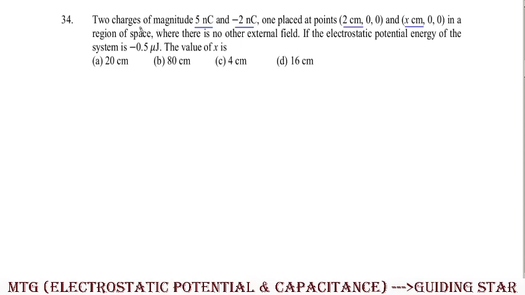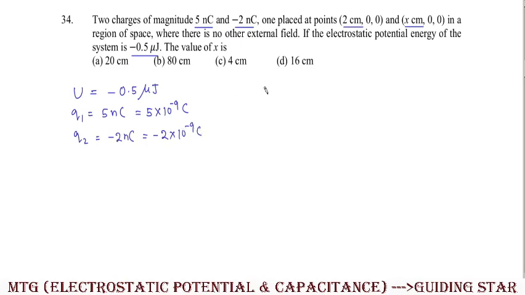Clear? If the electrostatic potential energy of the system is given, then the value of x is what it is asking. So potential energy of the system is minus 0.5 microjoule. Okay, and here in this particular case, what other information is given? Two charges, let it be q1 equal to 5 nanocoulomb, that means 5 into 10 to the power minus 9 coulomb, and another charge q2, let it be minus 2 nanocoulomb, so minus 2 into 10 to the power minus 9 coulomb.